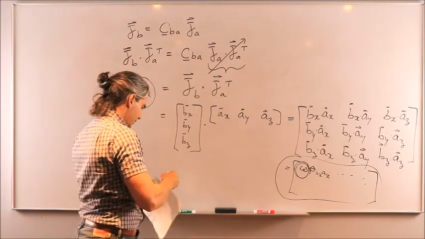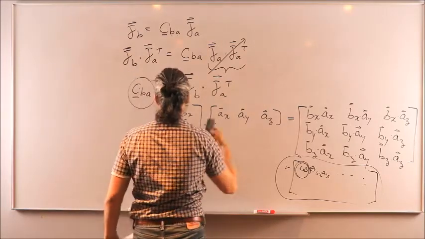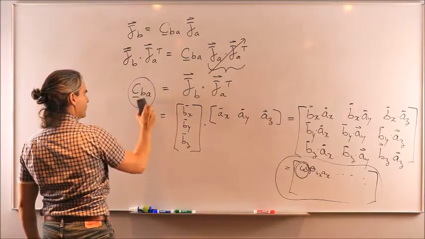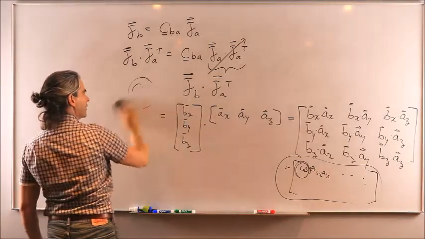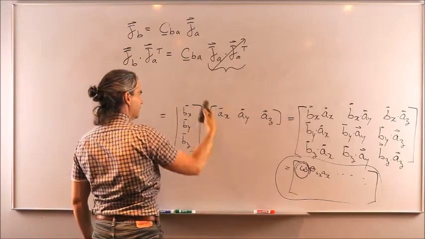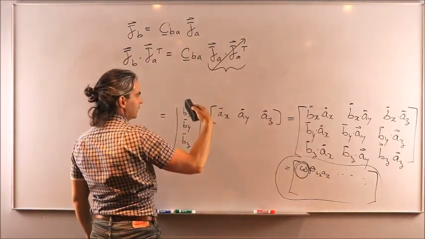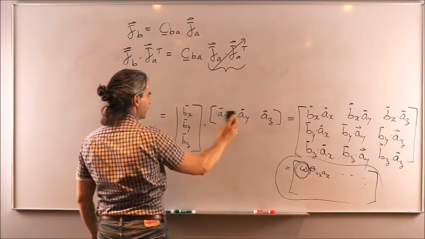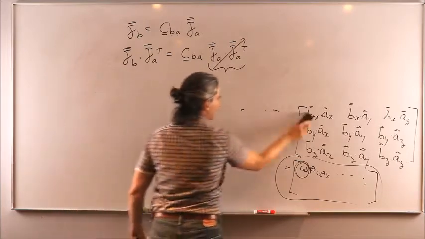Okay? So that was just kind of a side note that explains why a rotation matrix is also known as a direction cosine matrix, but also gives you the opportunity to keep playing with vectors, vectrices, matrices, dot product, and whatnot, okay?